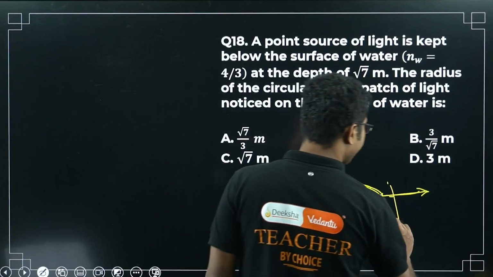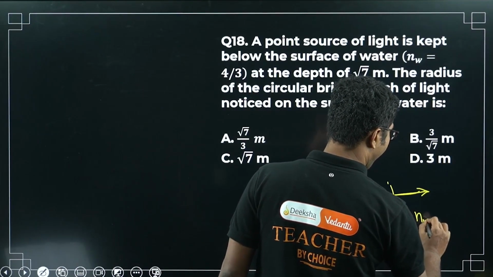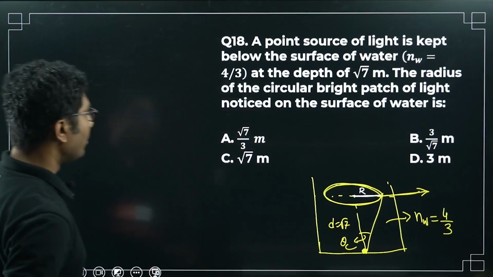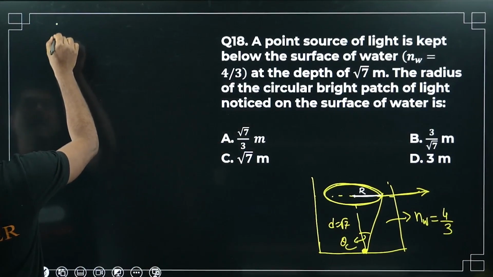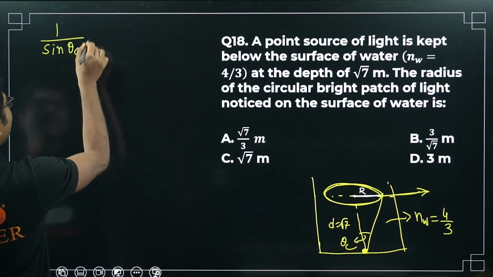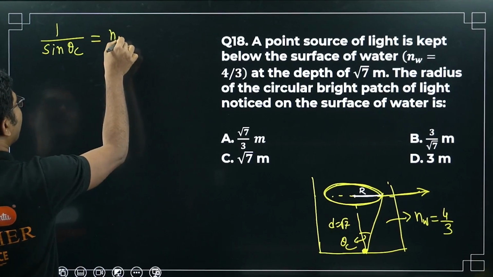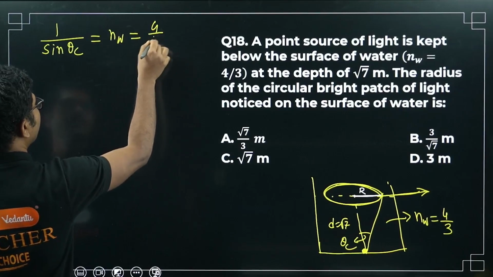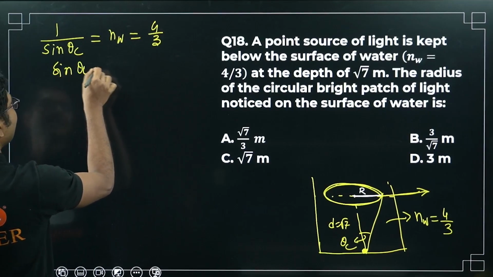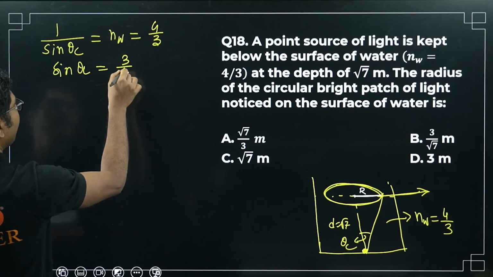The refractive index is also given, 4/3. Now we know that if the critical angle is theta c, then 1/sin theta c is given by the refractive index, that is 4/3, or sin theta c is equal to 3/4.